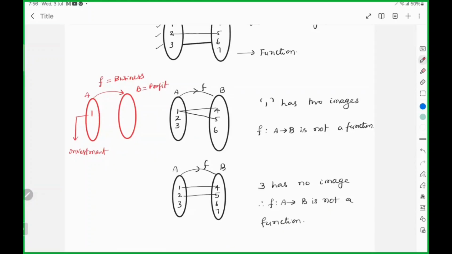Let us assume profit. Once anybody invests, whatever is there in A in lakhs, B is in terms of thousands.